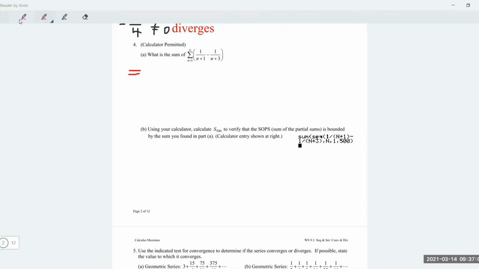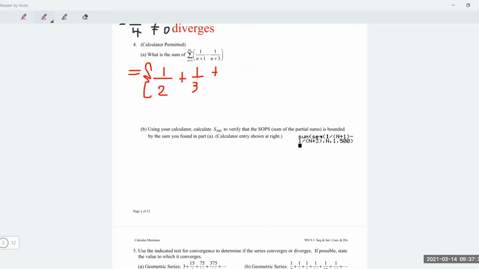What we're going to do is do the sum for this part first. When n is 1, we get 1 over 2, plus when n is 2, we get 1 over 3, plus we keep on adding and adding.